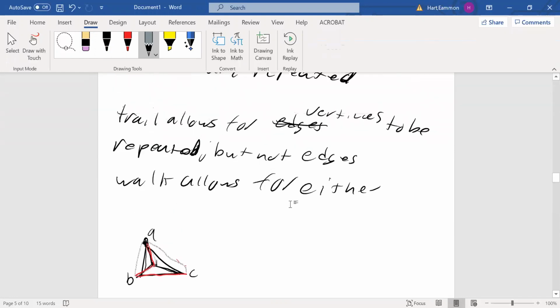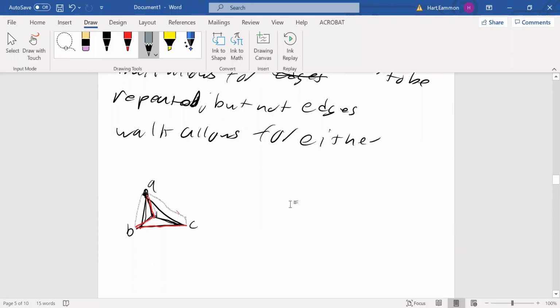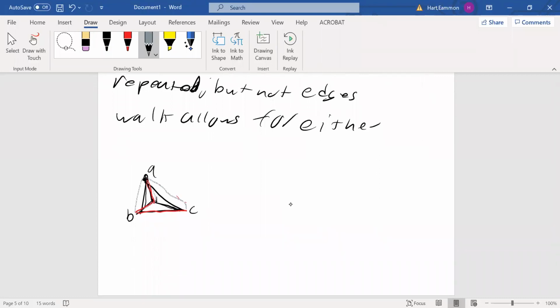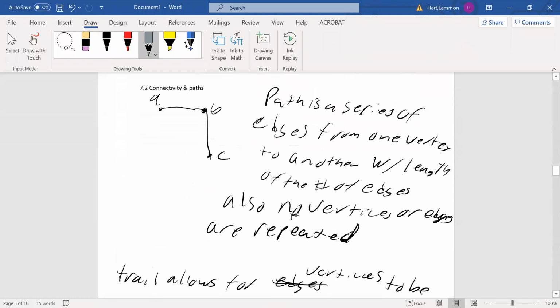So that would fall into the middle ground. That would be a trail. And if I were to go that way, that would just be a walk. That would be neither a trail nor a path.